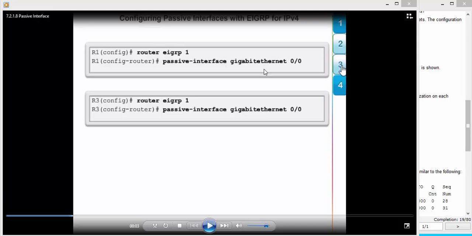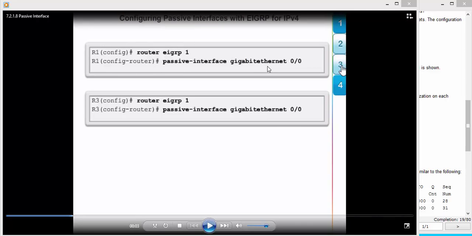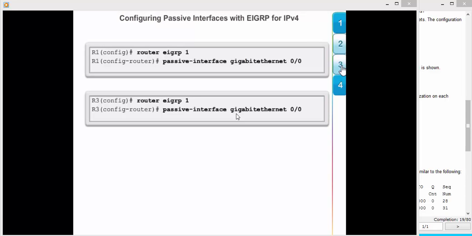Although EIGRP does not send or receive routing updates on an interface configured with the passive interface command, it still includes the address of the interface in routing updates sent out of other non-passive interfaces. An example of using passive interface to increase security control is when a network must connect to a third-party organization over which the local administrator has no control, such as when connecting to an ISP network.